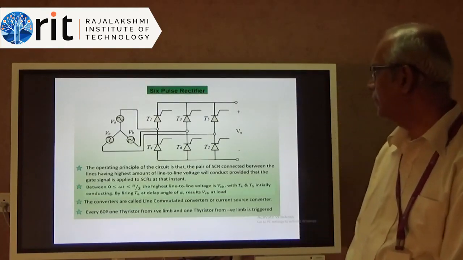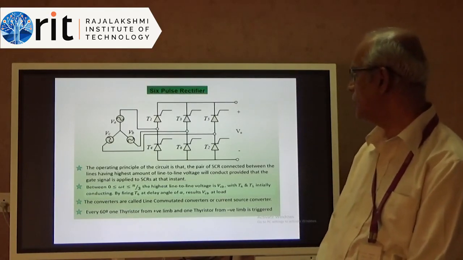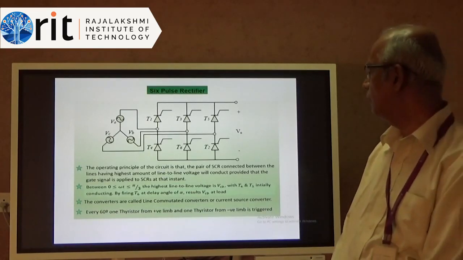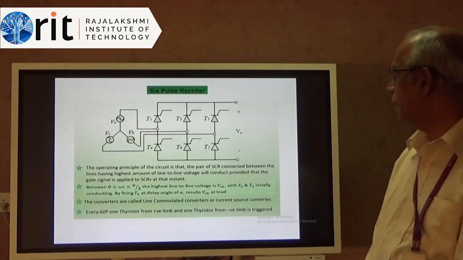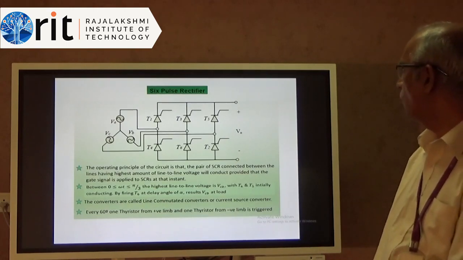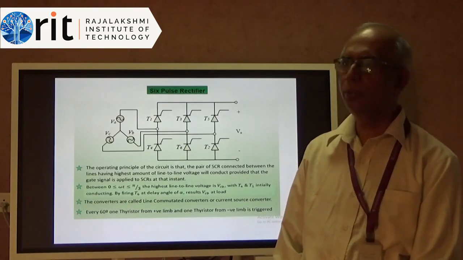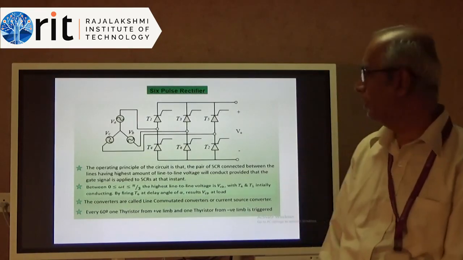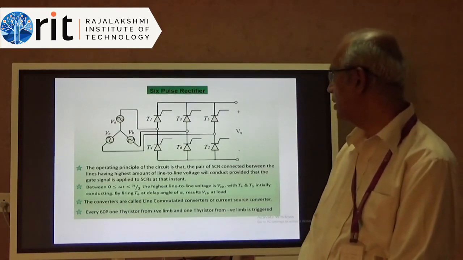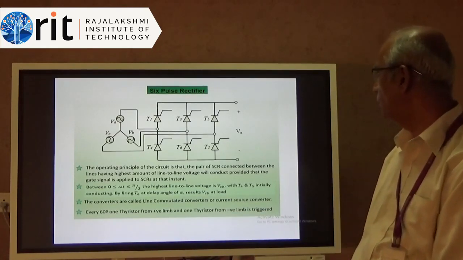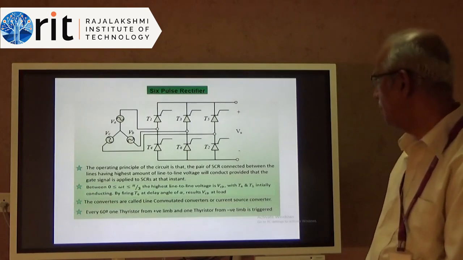And we turn the thyristors on in a particular sequence. We turn 1 and 2 on, and after some time we turn 2 and 3 on, then 3 and 4. So in a particular sequence we operate the thyristors such that this output voltage V0 is always positive, right? So basically the principle is the same as a single phase rectifier. We make a combination of the thyristors conduct at any point of time such that the output voltage V0 is always going to be a positive value.